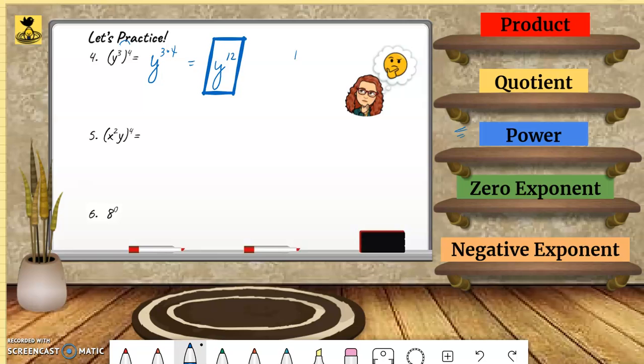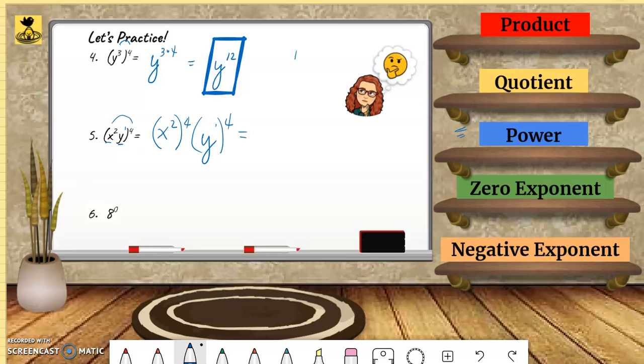Okay, next, this is also a power, but there are 2 variables inside, so we need to distribute the power to each variable. So we will do it one by one. So we have here first x squared to the power of 4, and another base y, which has a power of 1 here, imaginary, to the power of 4.